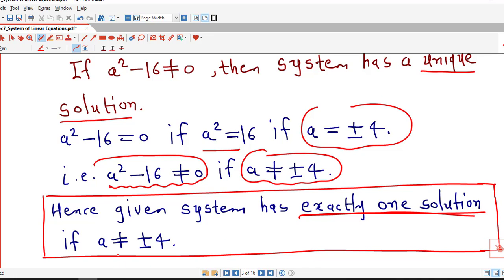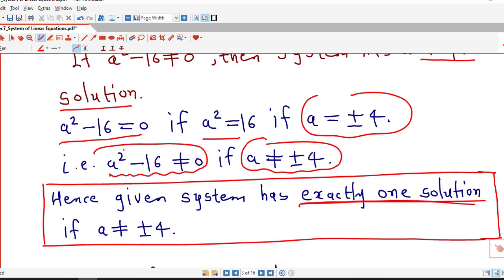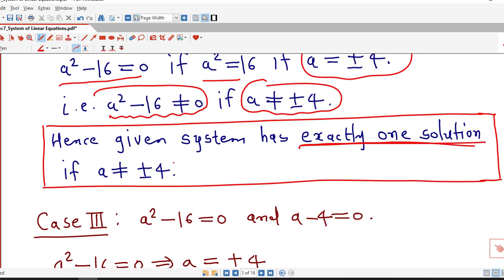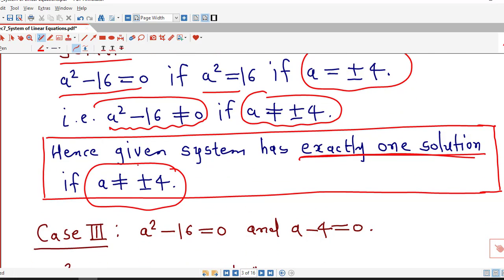So the given system has exactly one solution for any value of a except 4 and −4, because for a equal to plus or minus 4, a² − 16 becomes 0. So if a² − 16 is non-zero, that means if a is not equal to plus or minus 4, then the given system has exactly one solution.